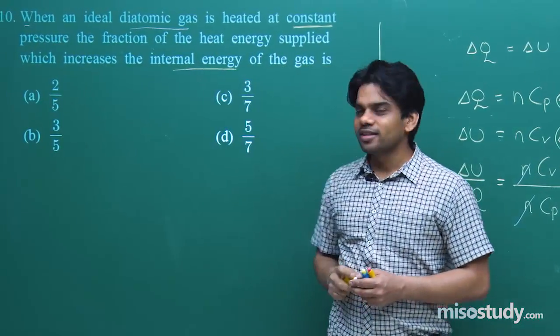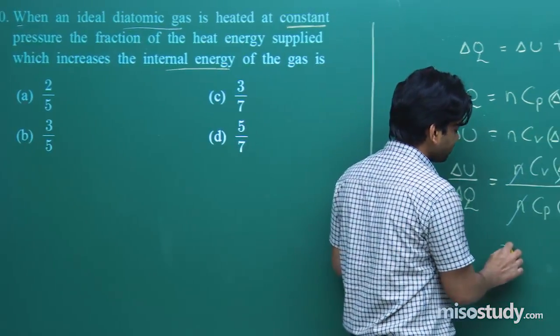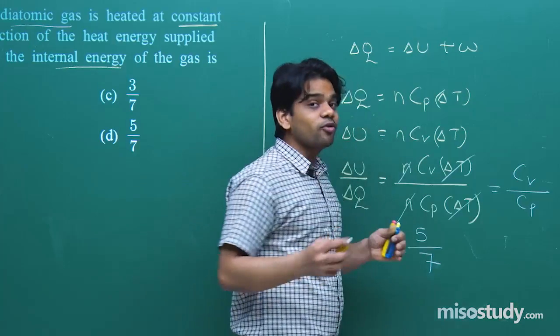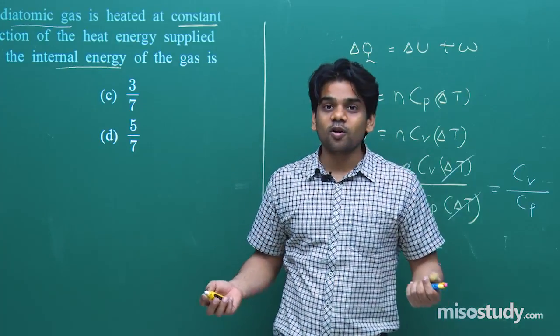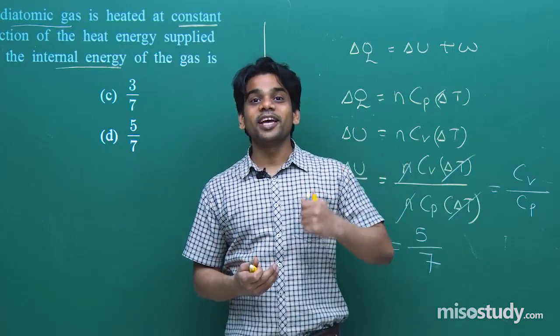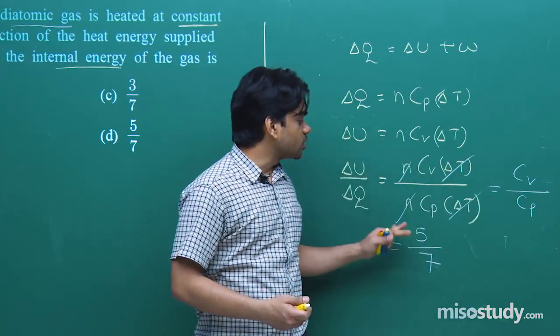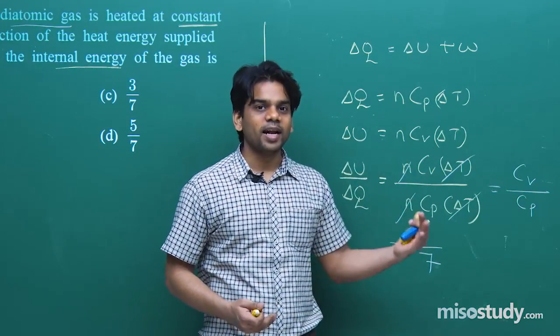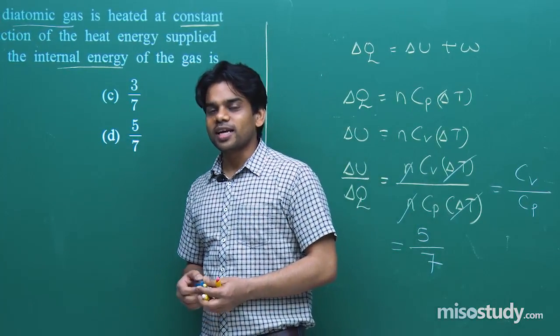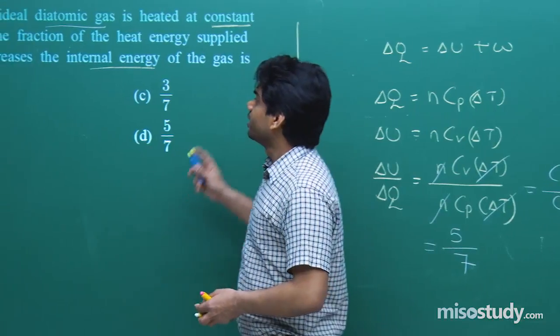So here you will get the answer as 5 by 7. So the fraction of the heat energy supplied that will be actually utilized in increasing the internal energy is 5 by 7.